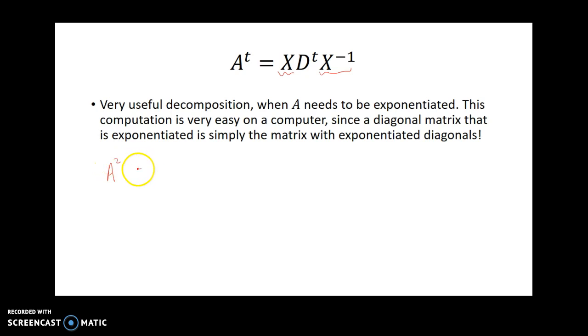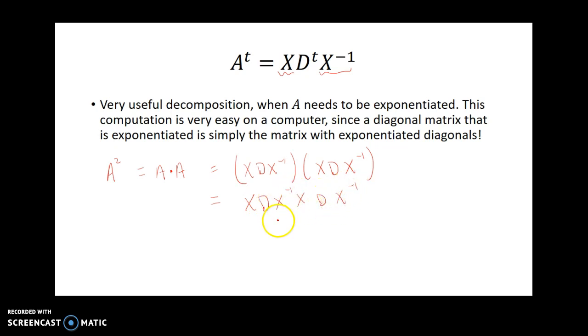So A squared is equal to A times A. And again, the reason this is useful is because of the complexity or the amount of computation. It could really bog down a computer. So I know that A is equal to XDX inverse. The second A is also equal to XDX inverse. And matrix multiplication is associative, so I can write this all out as one big product.